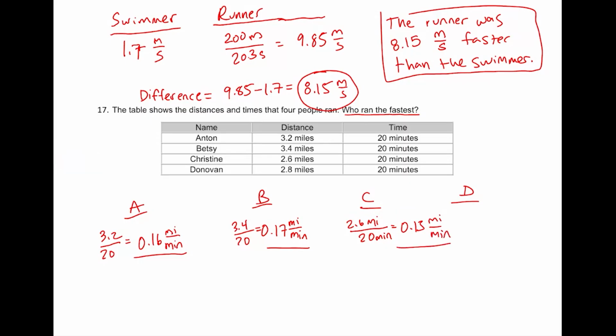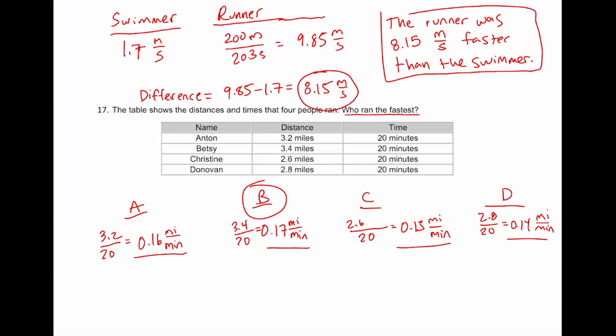So still so far, Betsy seems to be the fastest one. And then let's check this last one. Donovan, 2.8 miles in 20 minutes, let me just erase this so it's a little easier to read. 2.8 divided by 20 is 0.14. That is also in miles per minute. So who's the fastest? It looks like Betsy is the fastest.